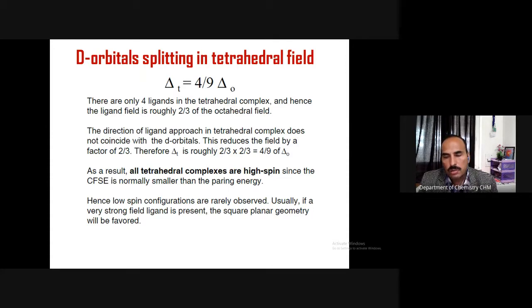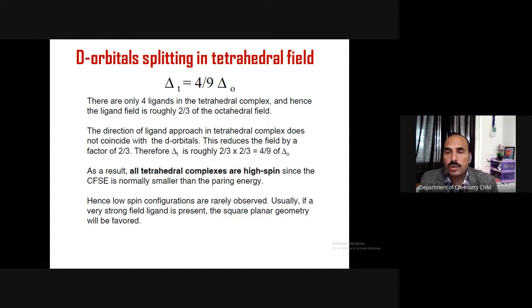However, when these ligands come even closer, an octahedral field will be created. If you are discussing the octahedral geometry, and once the octahedral field is created by the ligands, then we know that the dz square orbital and dx square minus y square orbital are facing the ligands directly.